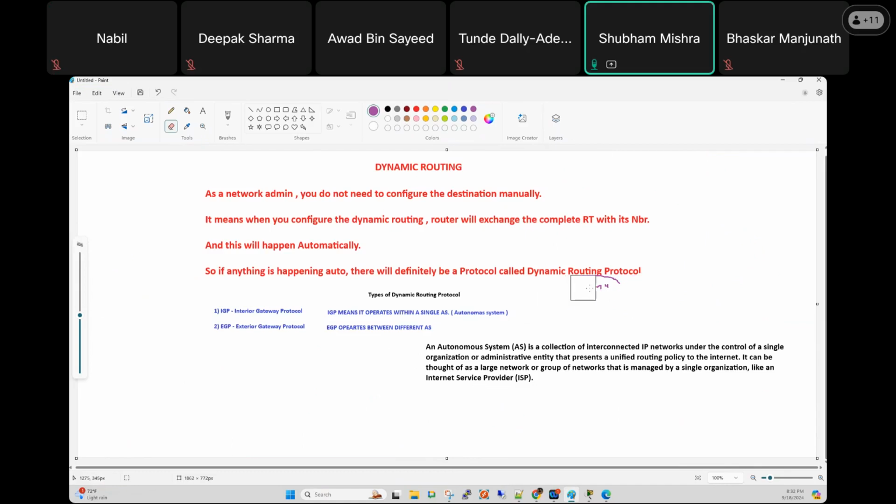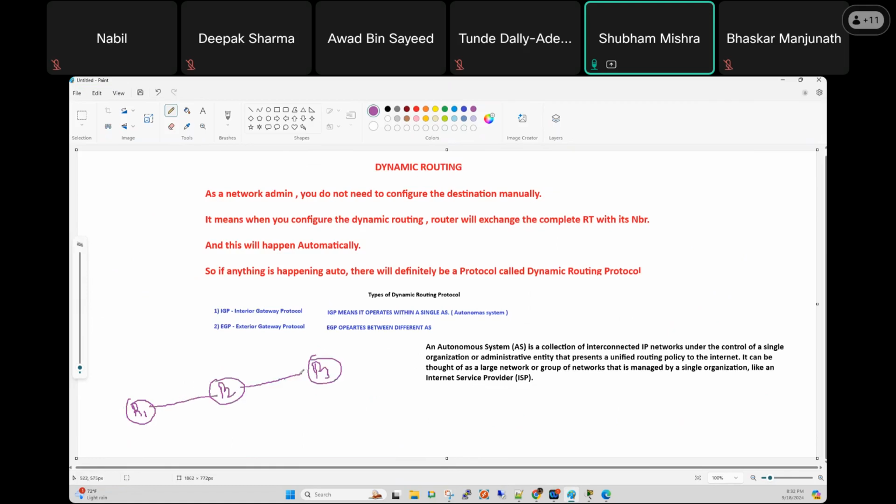So I told you there are two types of protocol. First one is IGP, second one is EGP. IGP operates within a single AS, and EGP operates between different AS. Now try to understand what this means. For example, this is router number 1, router number 2, router number 3.